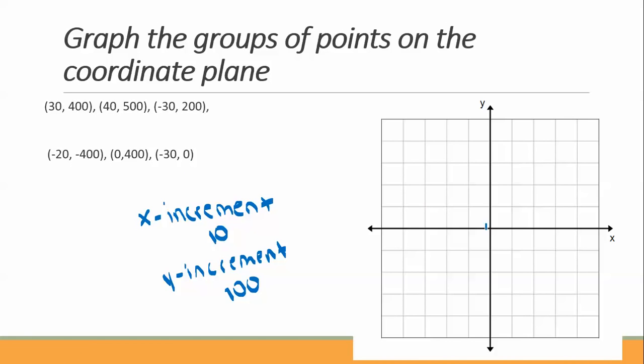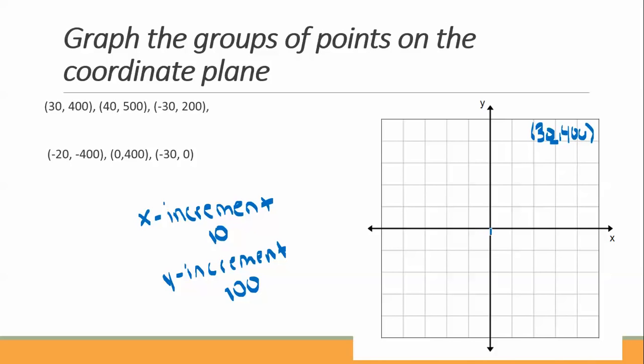So now we're counting by tens on the x-axis and by hundreds on the y-axis. So for (30, 400), we have 10, 20, 30, and then 100, 200, 300, 400. So our point here is (30, 400).